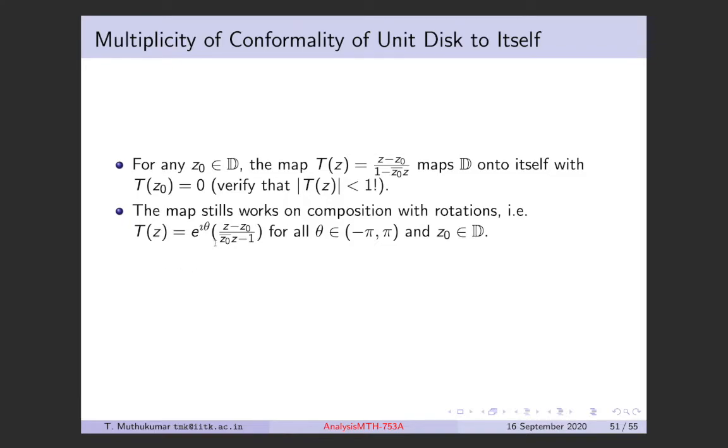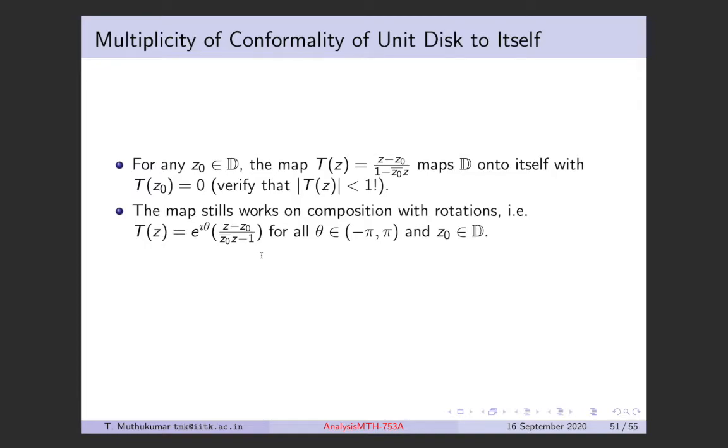This is also a conformal map, because the original one was a conformal map, since it's a fractional linear transformation, right? So that form. So this is a conformal map, and then you're composing with rotation. That's also a conformal map. So for every fixed z0 and theta, you have a conformal map from D onto itself.